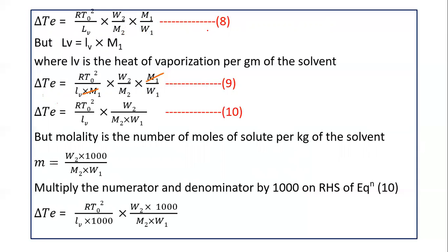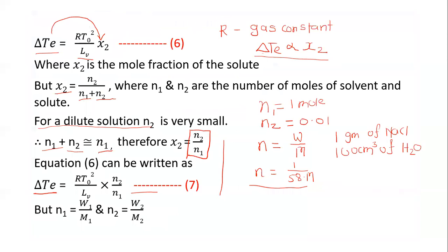In the previous equation we substitute again N2 equal to W2 upon M2. So N2 upon N1 is equal to W2 upon M2 divided by N1, and N1 is W1 upon M1.